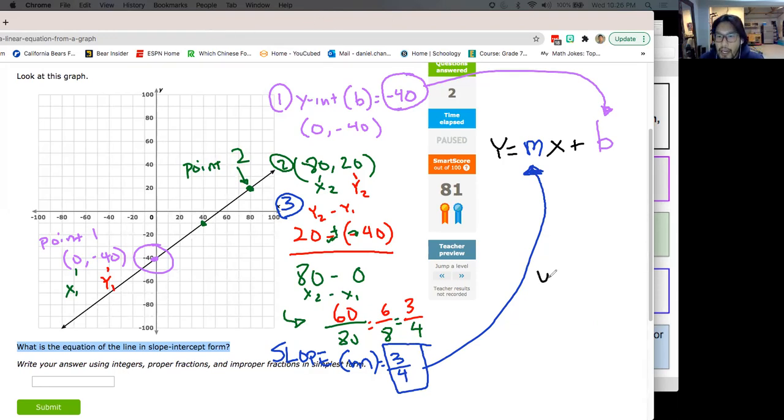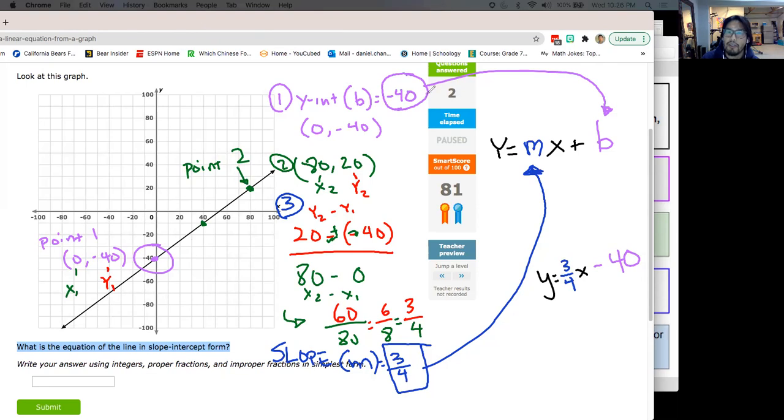I'm going to end up with y equals 3/4. That's my slope, replacing the m. x, we need the x and we need the y. Don't forget those two variables. Those are the only two variables that make it. Minus 40. Okay, there you go. So recognize this. Your y-intercept is -40.